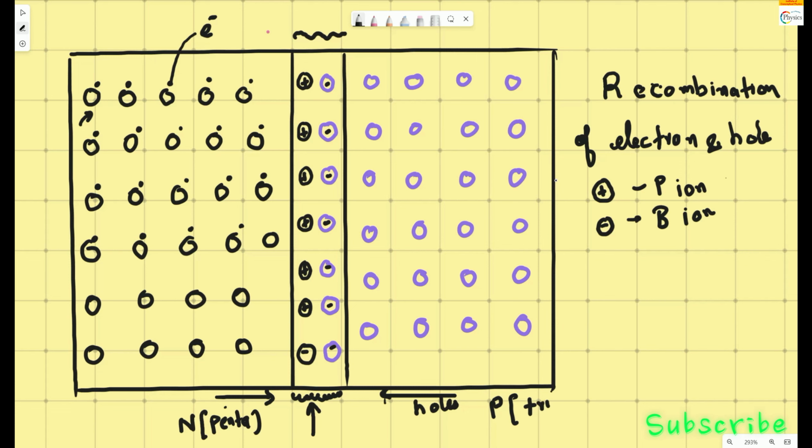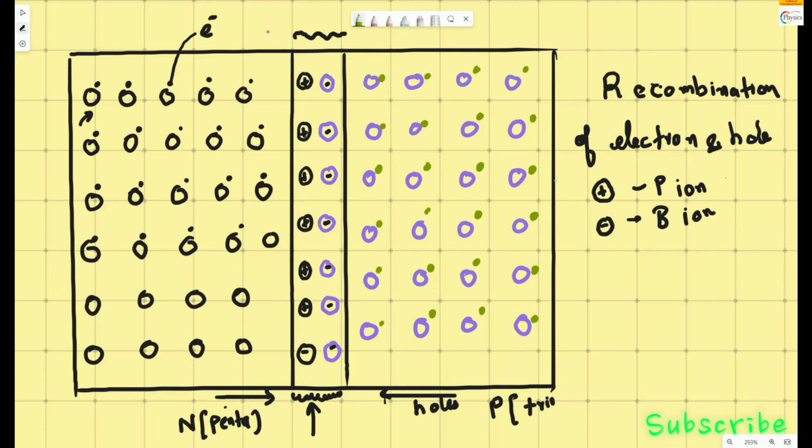And on the right hand side, you have the P side, which has a lot of holes available. These are the holes that get created on the P side semiconductors. These are the holes being referred to as available on the P side.